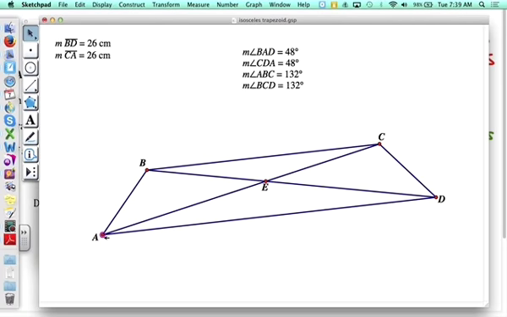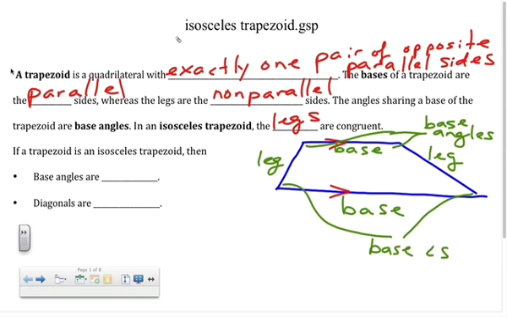What's congruent? The base angles. There we go. So coming back to our notes, the base angles are congruent and the diagonals are congruent. And we have from the screen what we need.